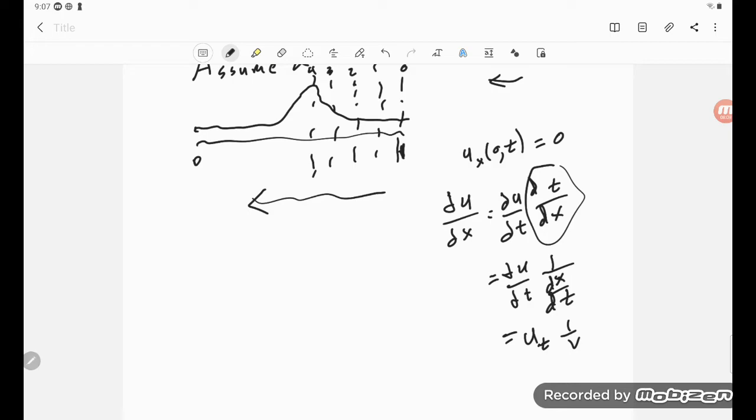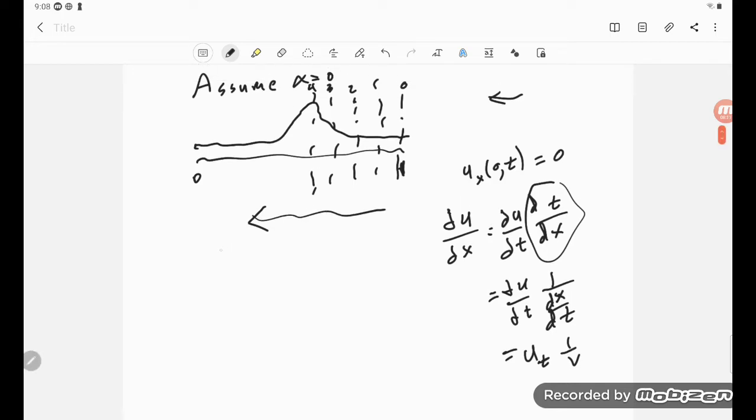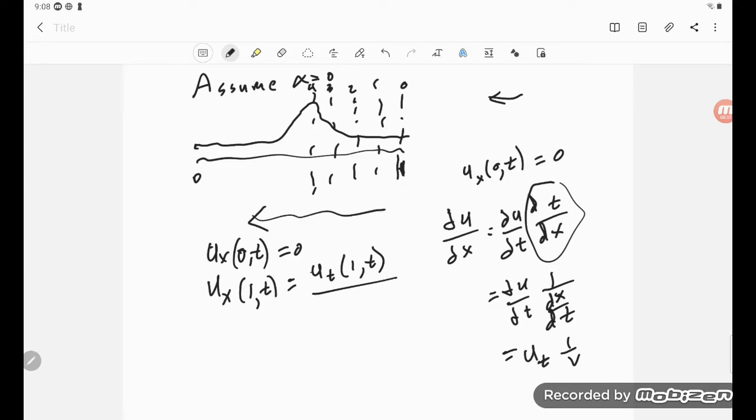And so under this assumption, we would have that our u sub x at 0 and t is equal to 0. And u sub x at 1 and t is equal to u sub t at 1 and t over v.